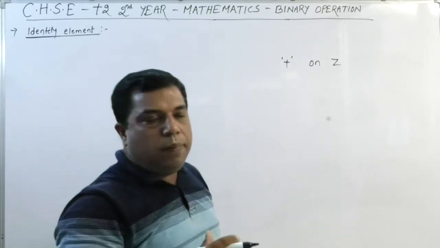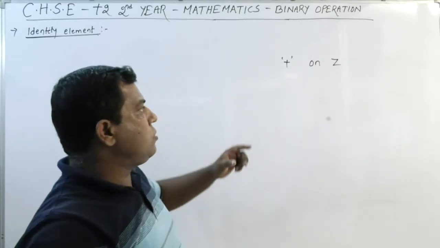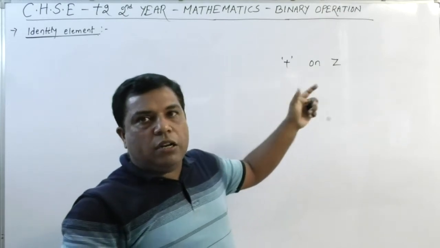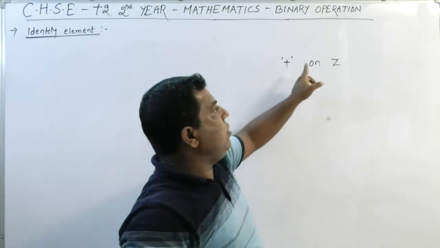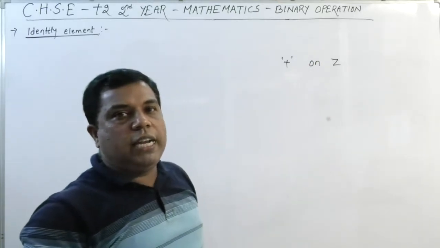First of all, let us verify whether this addition is a binary operation on Z or not, which we discussed in the previous class, but let us discuss it today also.